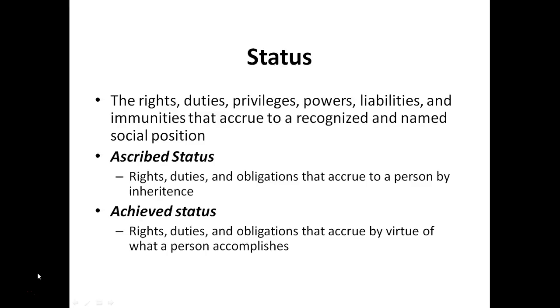Ascribed status refers to rights, duties, and obligations that accrue to a person by inheritance. Like the king is the king because of their birth from the previous king. Achieved status, in contrast, refers to rights, duties, and obligations that accrue by virtue of what a person accomplishes through their lifetime, earning the respect and recognition of their community of peers.